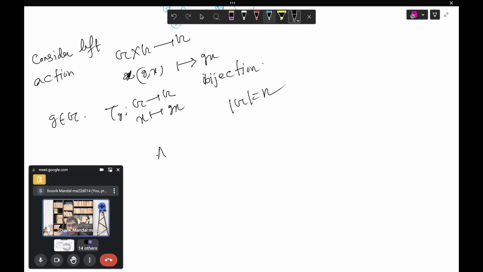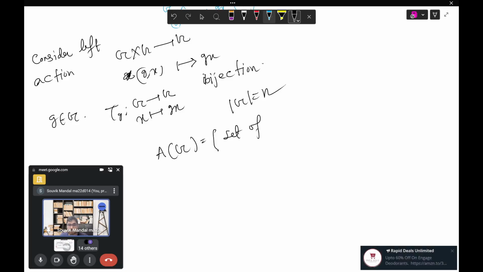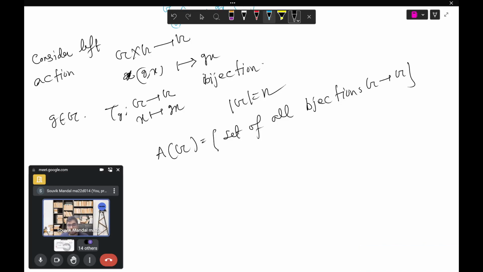Now consider the set A(G), the set of all bijections from G to G. Since each tau g is a bijection, we get a map rho from G to A(G) as follows: g goes to tau g, right?